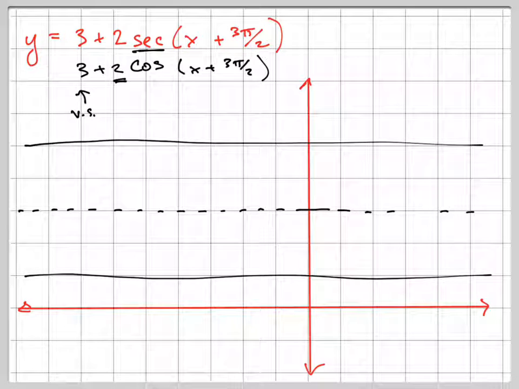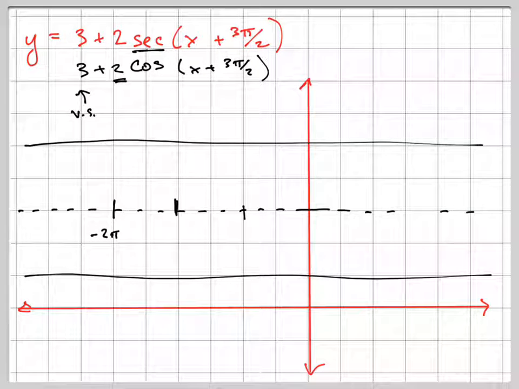This is a little bit of the trickier one. So 3 pi over 2 to the left. Let's call that pi, and let's call this 2 pi, so this is negative 2 pi right here.